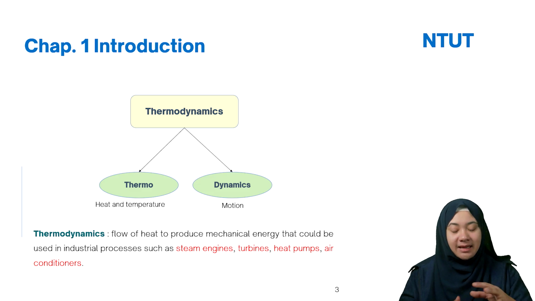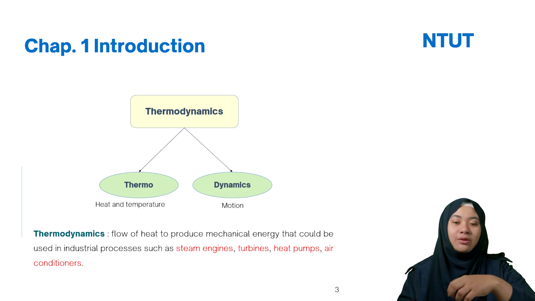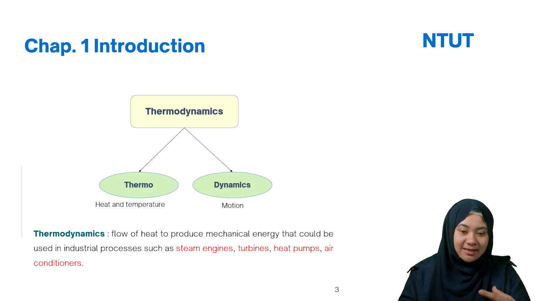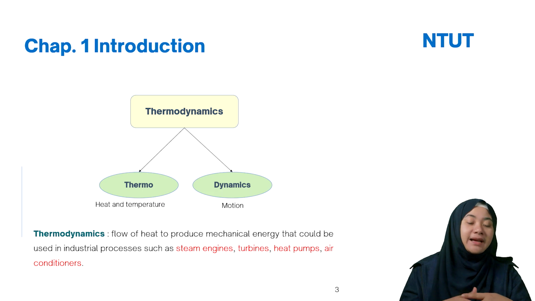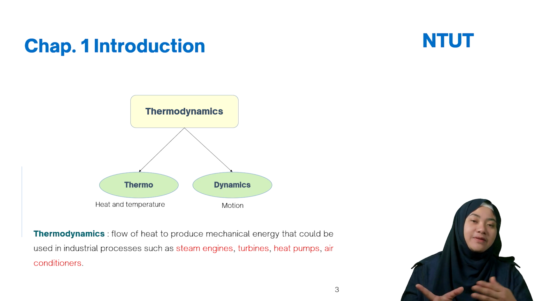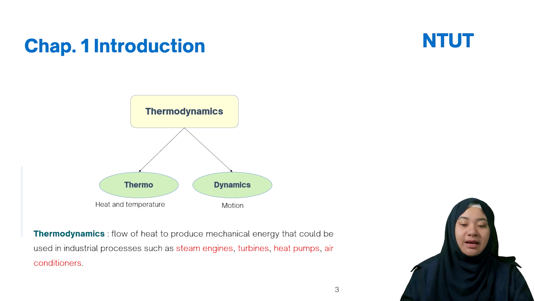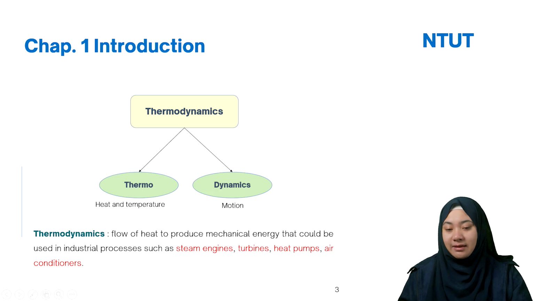With geothermal, we take the heat from the earth and convert it to move the turbine blades, and they generate electricity. This is also what we call flow of heat. So we convert the heat into electricity. You can use steam engines or turbines. And the other is heat pumps.